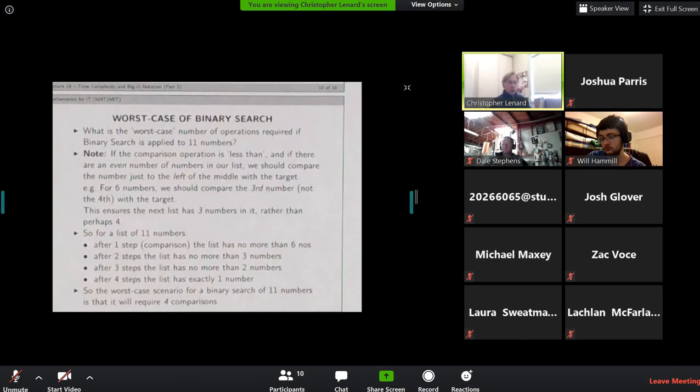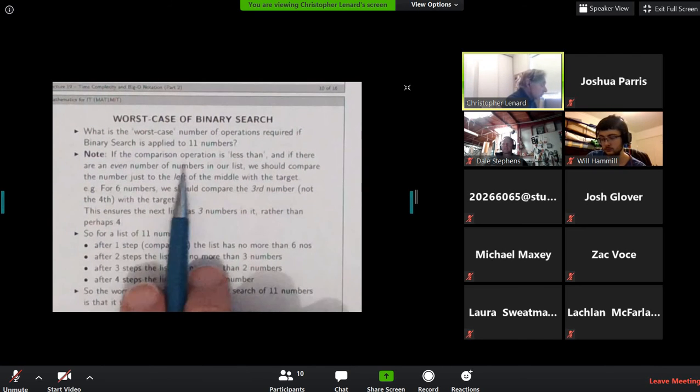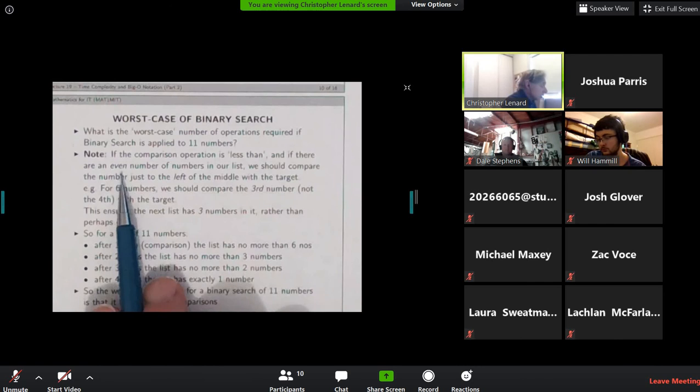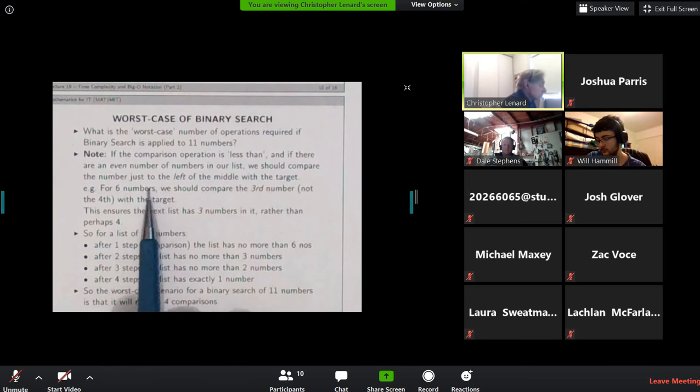What's the worst thing that could happen if you had 11 numbers? If we think about comparing using the less than, and there's an even number of entries, then we should just compare to the left of the middle.